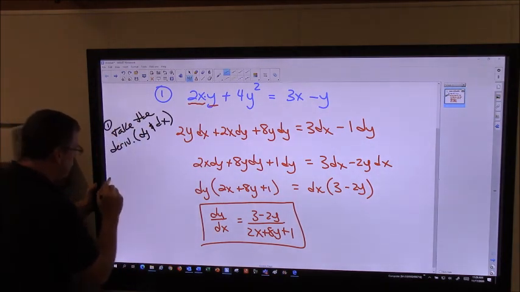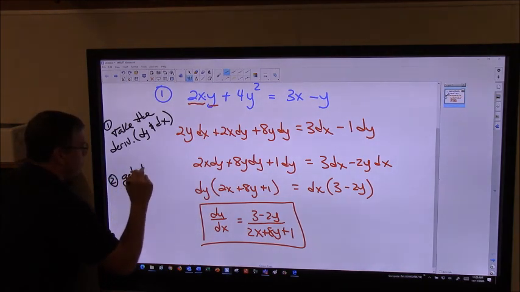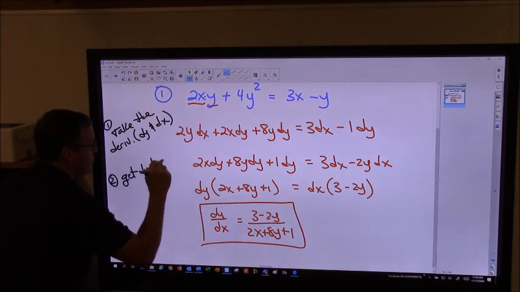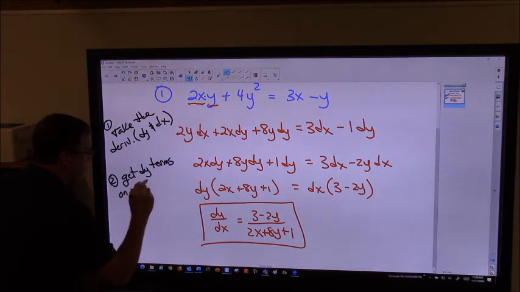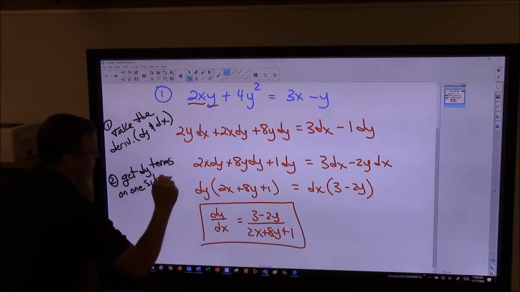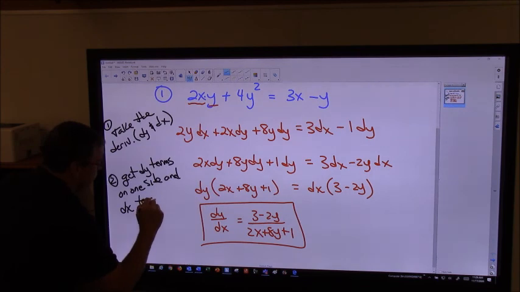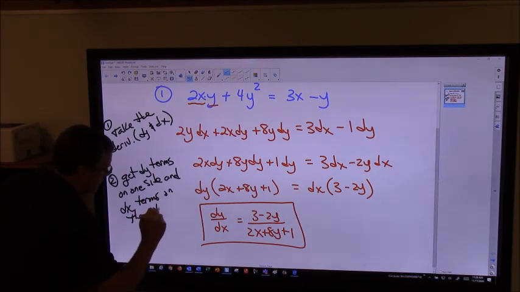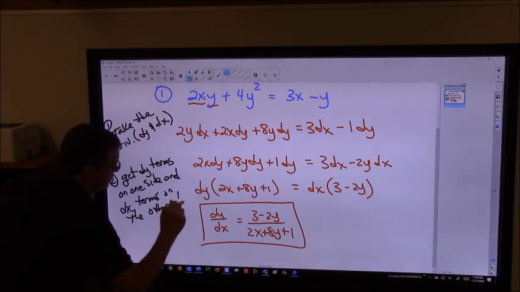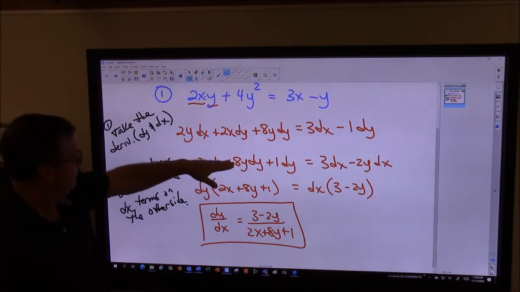Call that step 1. Step 2, I want to get dy terms on one side and dx terms on the other side. Okay, that's what I did right here.